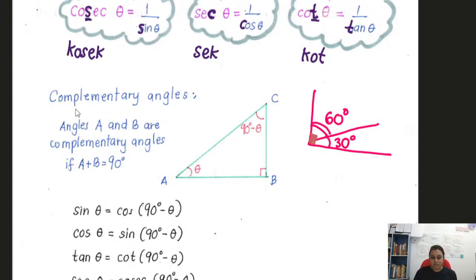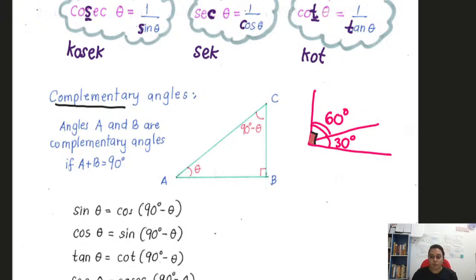So that is known as complementary. That means 60 and 30 are complementary angles. Let me double check. Complementary, right? I can't find the Malay word yet. Kalau teacher dah ingat, nanti teacher bagi tahu in the end.